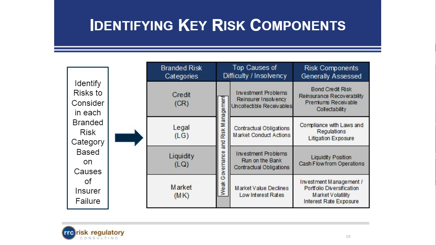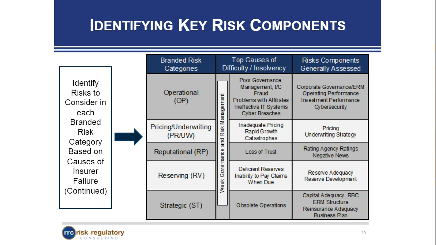So when you look at these components that you typically assess, again, they line up fairly well with the root causes of an insurer insolvency. And so, like on the next slide, I'm sorry, I'm used to scrolling and not clicking.